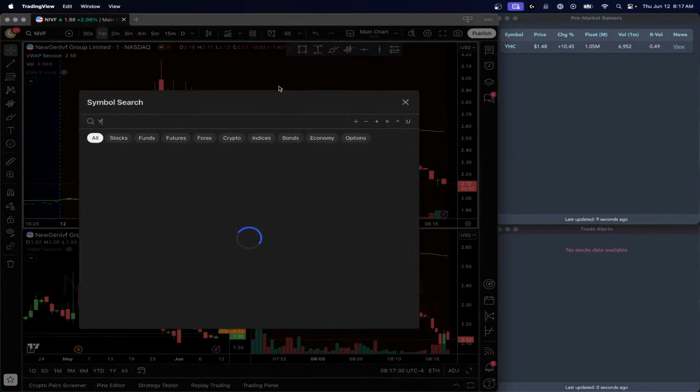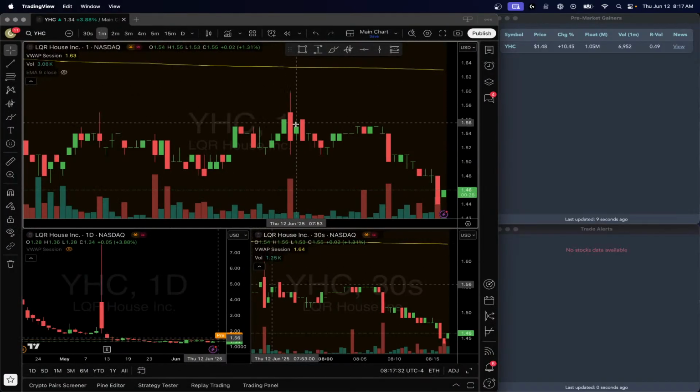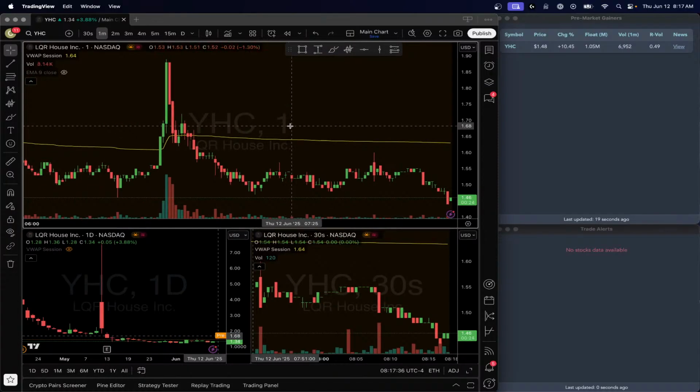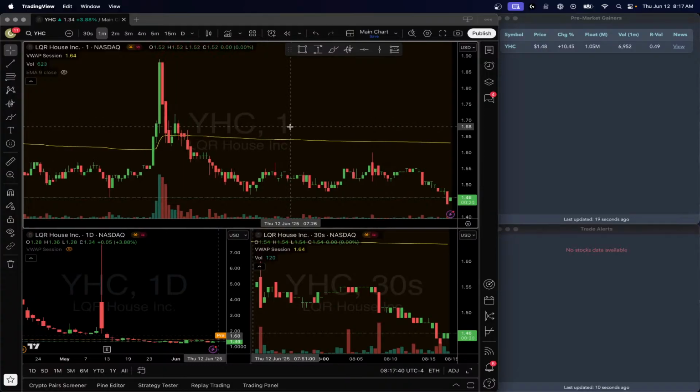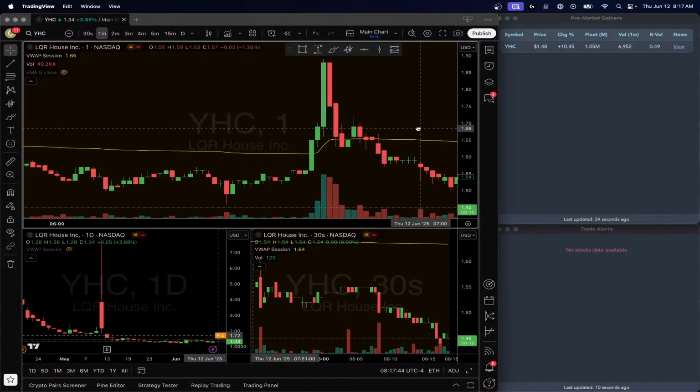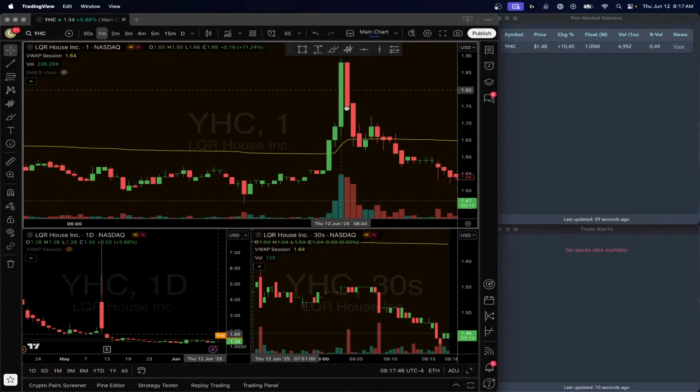See, YHC is not moving. Like right here, we had a run up, we had a pullback. So you did anchored VWAP and go about 20 bars back. Let's see. We go 1, 2, 3, 4, 5.